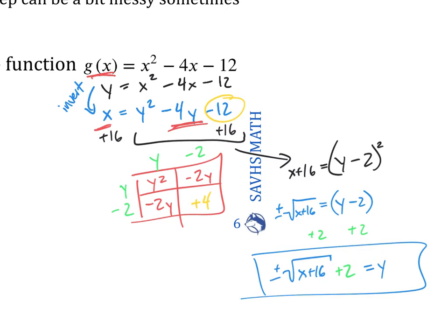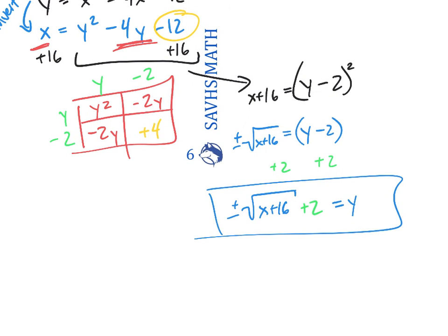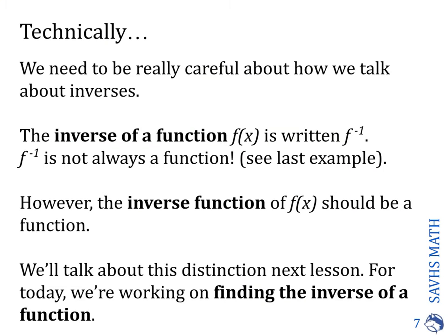So we have now a square root equation, which is the inverse of g of x. So we can write g inverse is this stuff. The thing about inverses is the language is really difficult. There's a difference between the inverse of a function, which is what we did in the last example, and the inverse function.